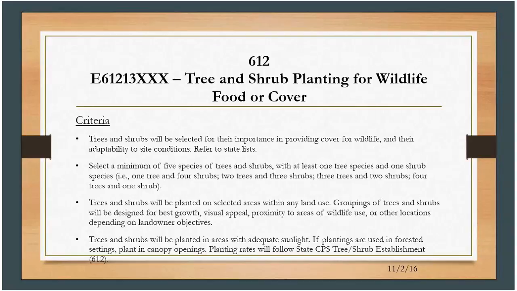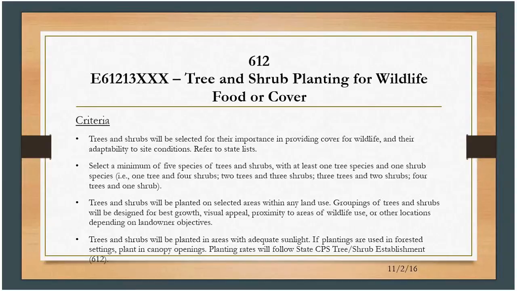Okay. And then the third criteria, trees and shrubs will be planted on selected areas within any land use, and grouping the trees and shrubs will be designed for best growth, visual appeal, and proximity to areas of wildlife use and other locations, depending on the landowner objectives. And then the last one, trees and shrubs would be planted in areas with adequate sunlight.